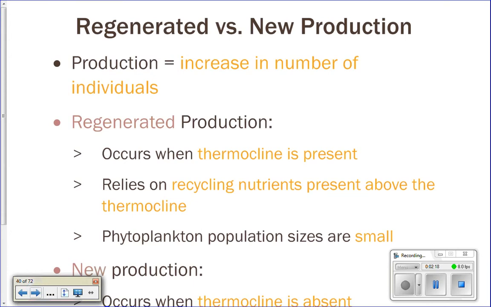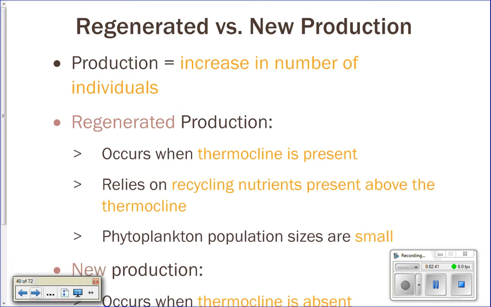Okay, so you can have different kinds of what we call production. And production is just simply an increase in the number of individuals of the phytoplankton. Okay, increase in the number of individuals. So we have new production and regenerated production. Regenerated production occurs when the thermocline is present.